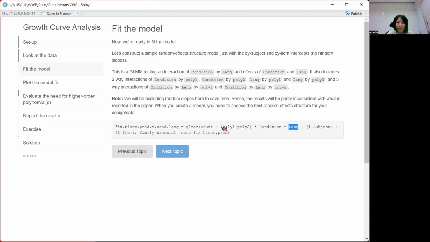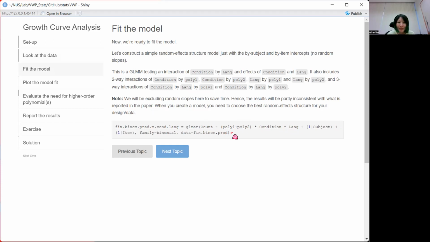And then the three-way interactions of poly 1, condition and language, and poly 2, condition and language. That's what we have in the model. When you run this model, please choose the best random structure for your design and data.